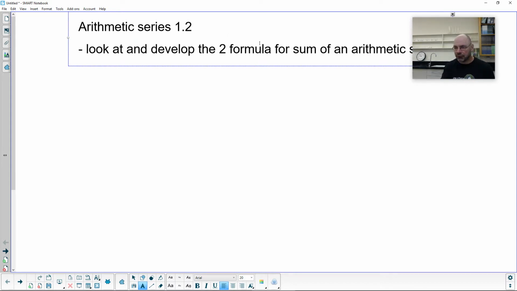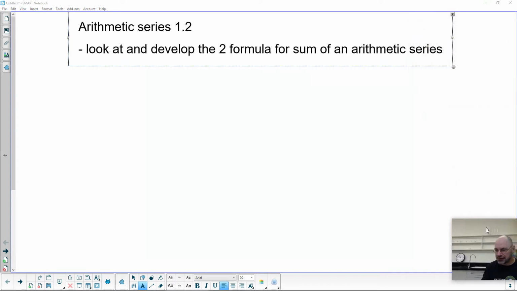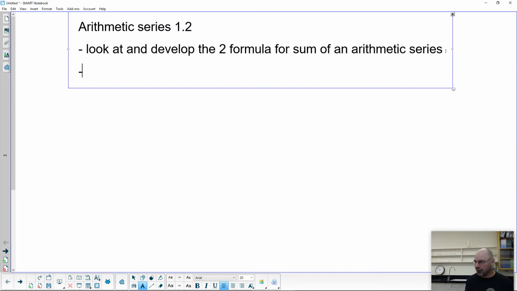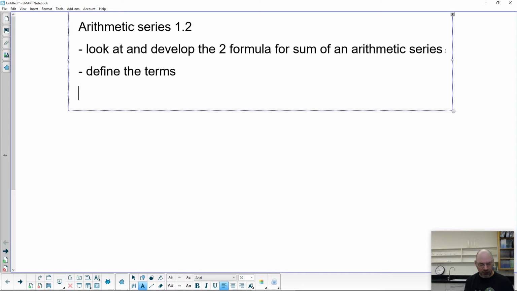That's the first thing we're going to be doing, and we're going to define series. We're going to do the definition. And then finally, we'll do some examples, and then practice. That's our ideal for today.